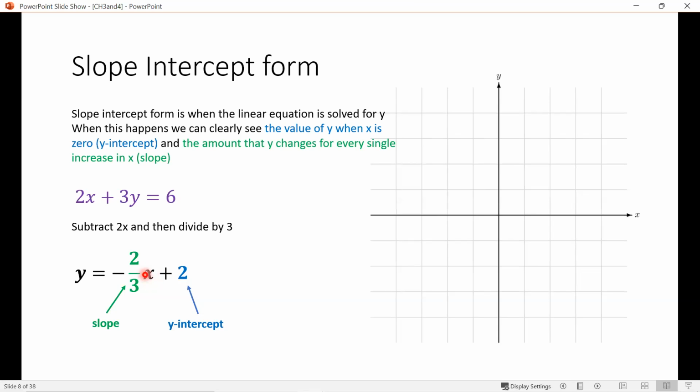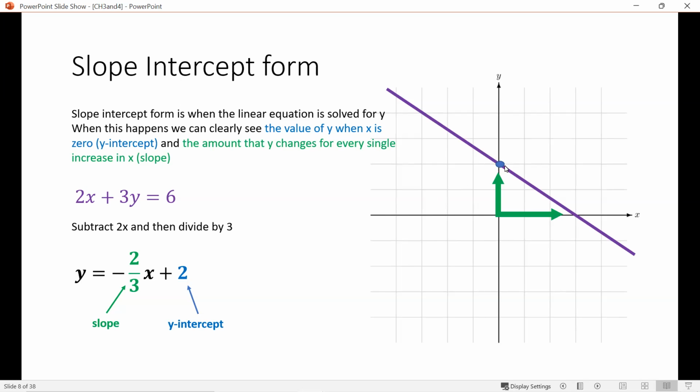Every time x increases by 1, everything on this right-hand side is going to increase by -2/3, which means our y is going to increase by -2/3 every time x increases by 1. So that means the amount we rise, our y, divided by the amount we run, our x, is going to be -2/3. Okay. So our y-intercept is there at +2, and we have a slope of -2/3.